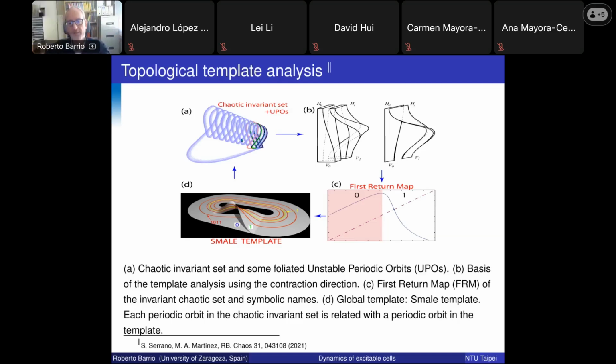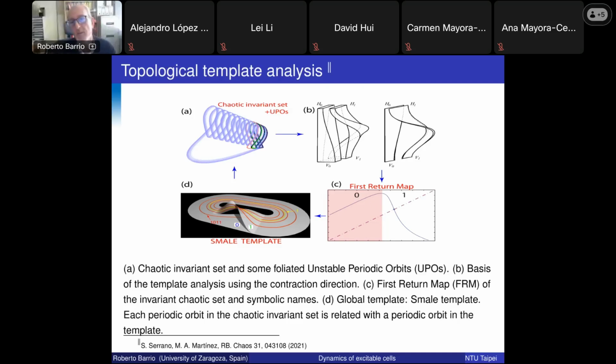Of course, you have the expanding one, but you have a highly contracting one. That means you can go in some sense to the limit of this. In this case, you can take a Ferretum map. It's not a line, of course, but it's similar to a line because it has fractal dynamics. But in any case, it's quite similar. And you can study symbolic dynamics using, for instance, this Ferretum map, or using other techniques.